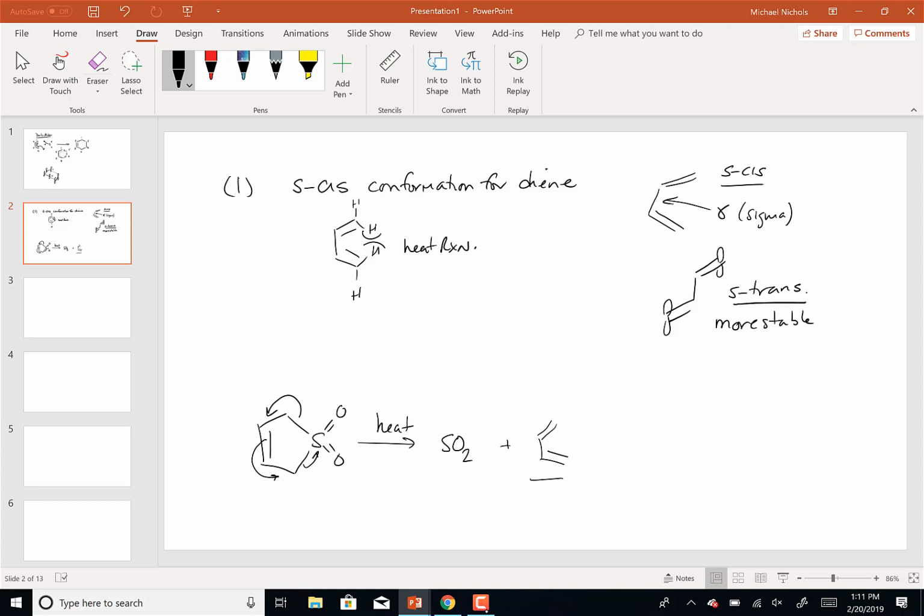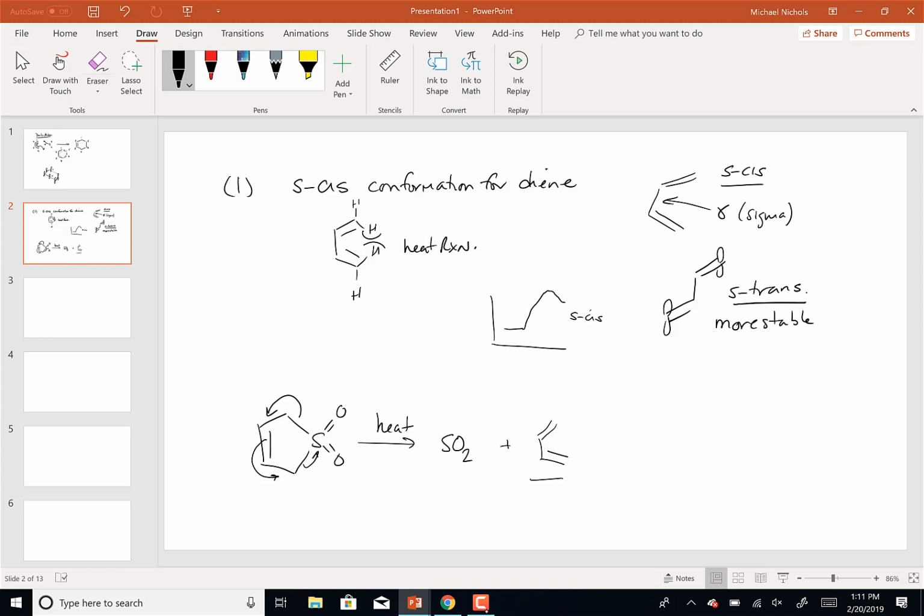So like anything else, there's an activation barrier. You start with S-cis or S-trans, and you have to overcome some activation barrier to get to, let's say, S-trans or S-cis. Energy that's being stored within the molecule forces it into its conformation. Yes, the molecule has more energy.